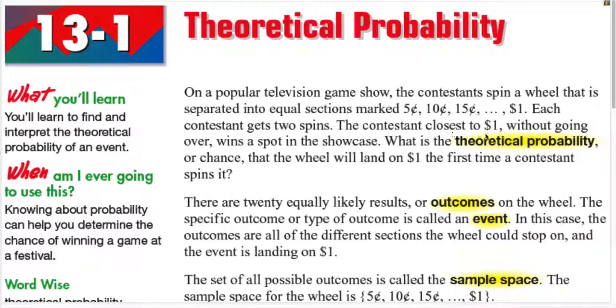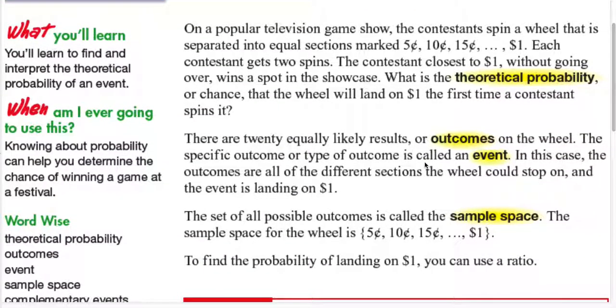The contestant closest to $1 without going over wins a spot in the showcase. So the question is, what is the theoretical probability, or chance, that the wheel will land on $1 the first time the contestant spins it? So it's asking what's the probability that it will land on $1 if the contestant spins it one time.